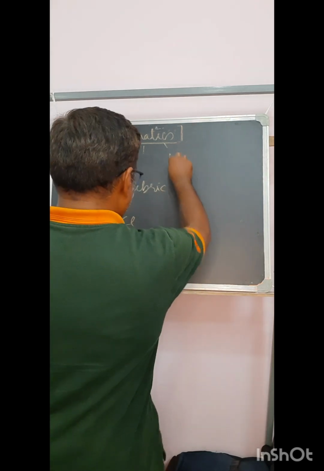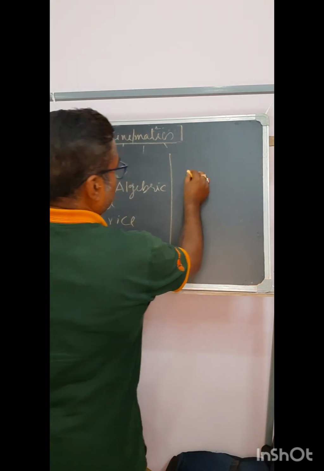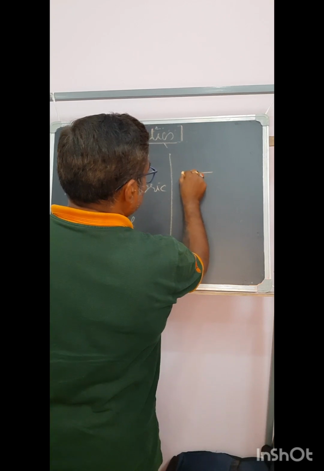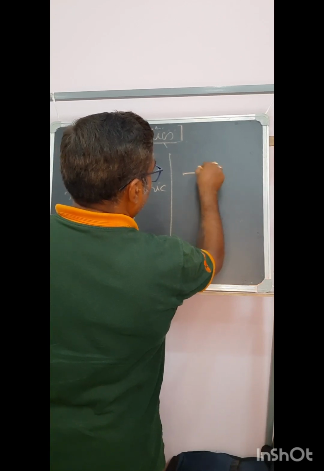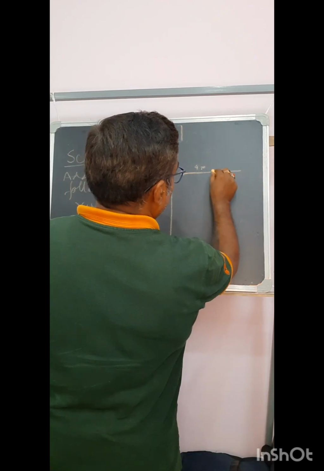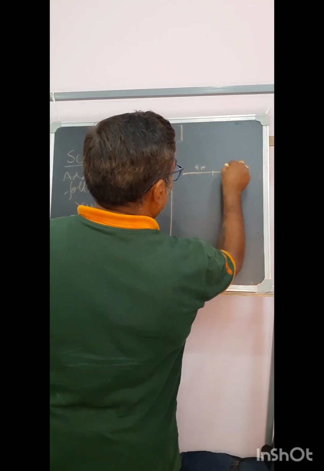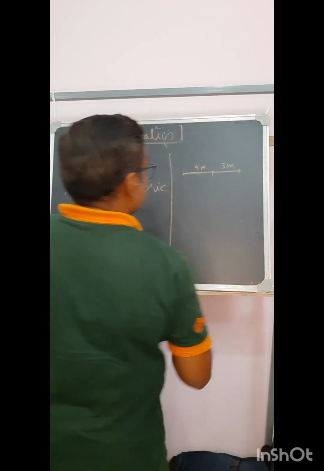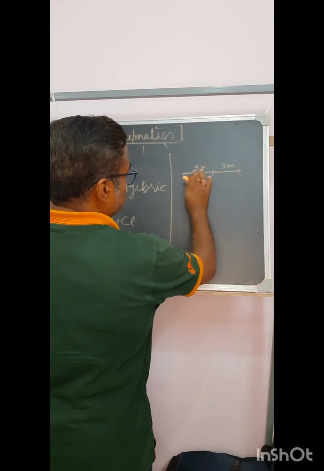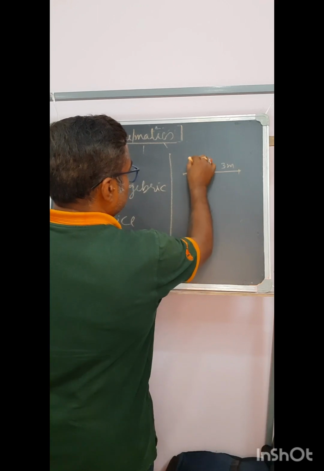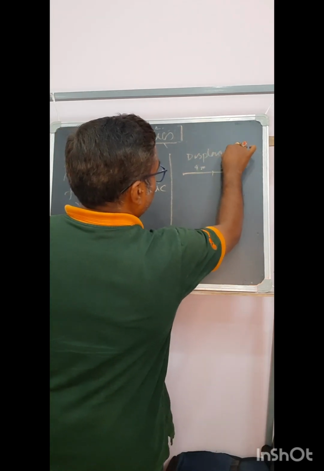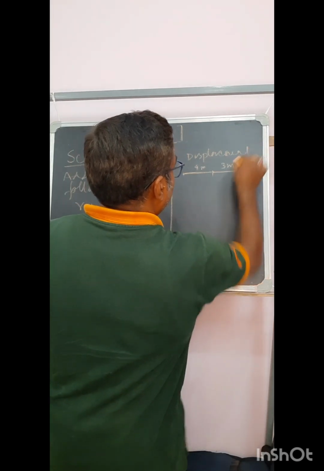Whereas if I give you an example, let's say some particle or some ball is moved by 4 meter first, then again it is pushed and moves a 3 meter path. Now for this case, this is displacement, and displacement is a vector quantity.